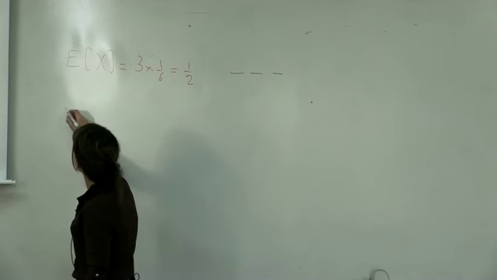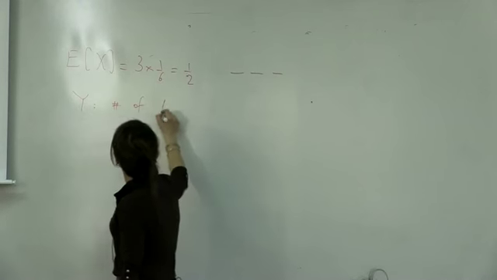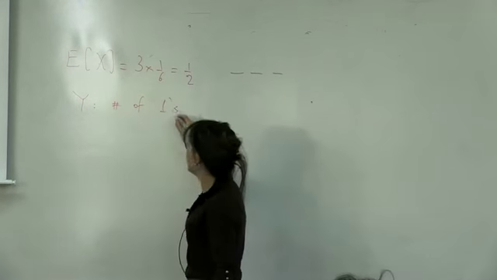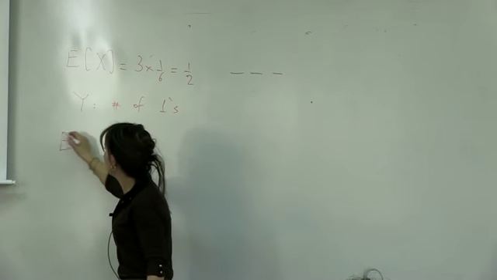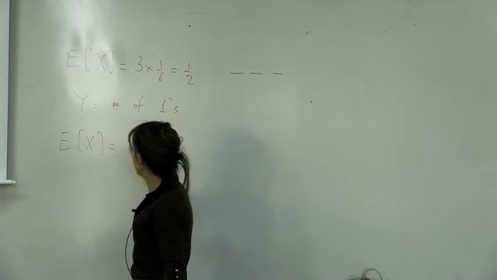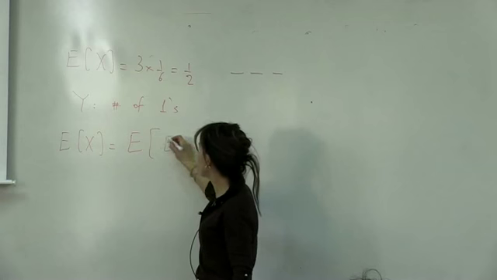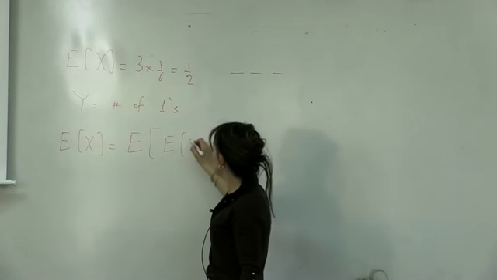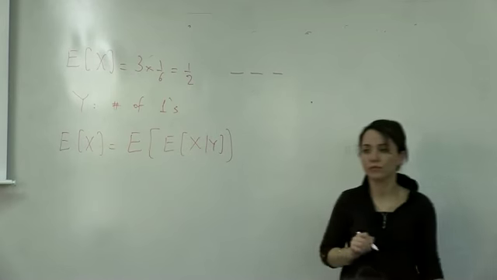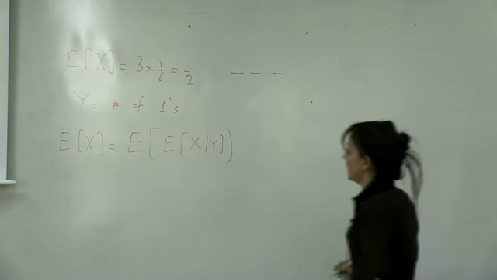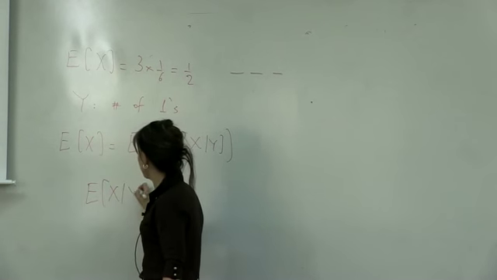So let Y be the number of 1s in 3 throws of the die, and I want to compute the expectation of X by using iterated expectations. Expected X equals the expected value of X given Y. Let's compute the expected value of X given Y.